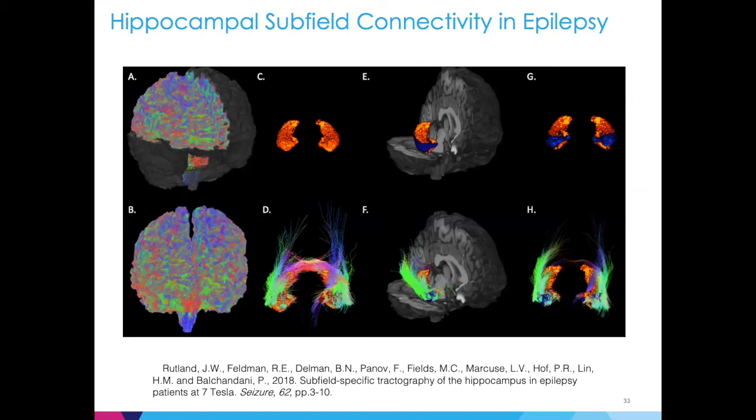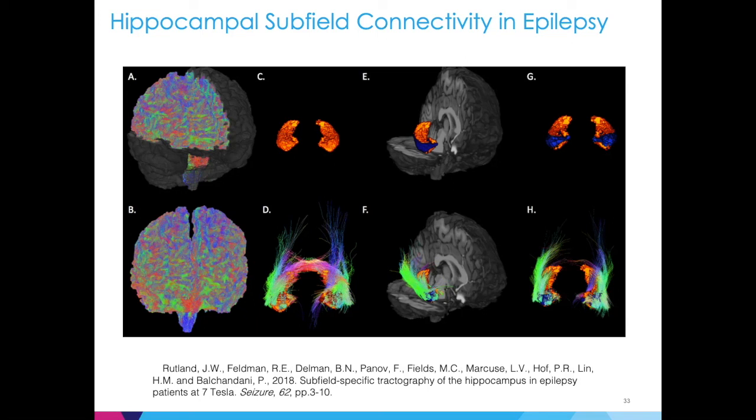We were also able to look at tracts that are subfield specific, an interesting diffusion innovation we can do because we have higher resolution structural and diffusion data, and found differences in the tractography for epilepsy in the dentate gyrus, the tract density for the dentate gyrus for the epilepsy patients versus the controls.